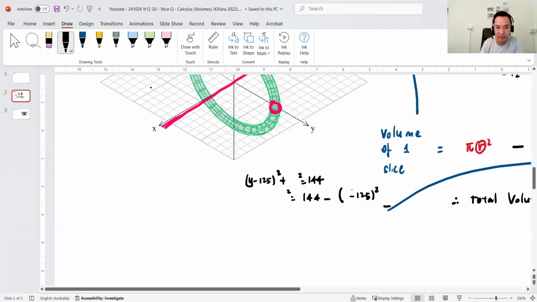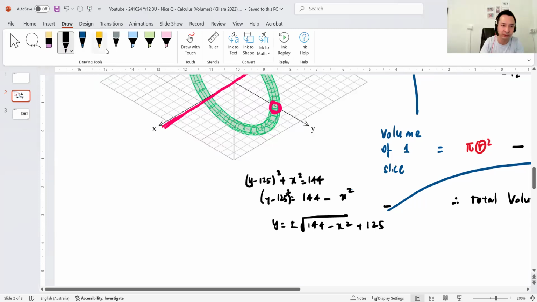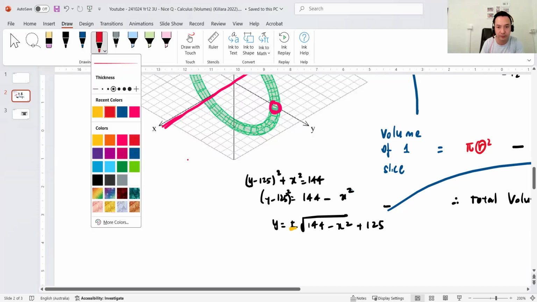This was y, and this is x. So when I make y, y minus 125 squared equals 144 minus x squared only. And then y equals plus minus root 144 minus x squared plus 125. Perfect. So same deal: minus is yellow and red is a plus.